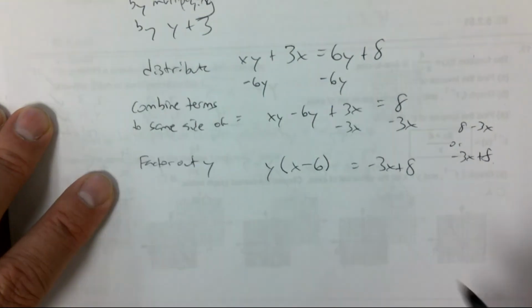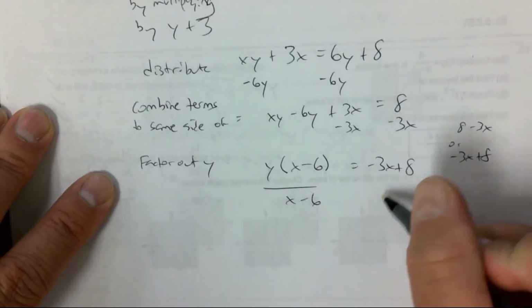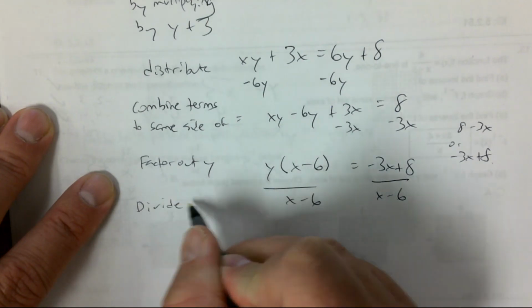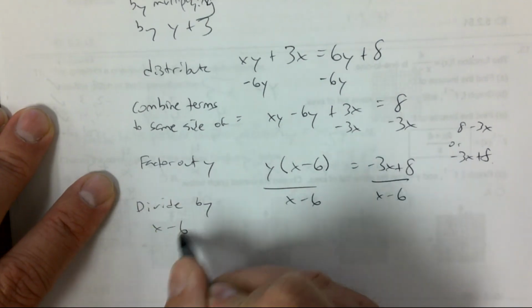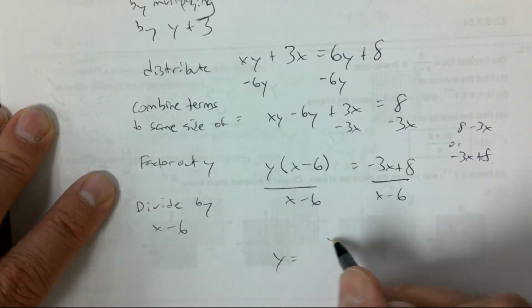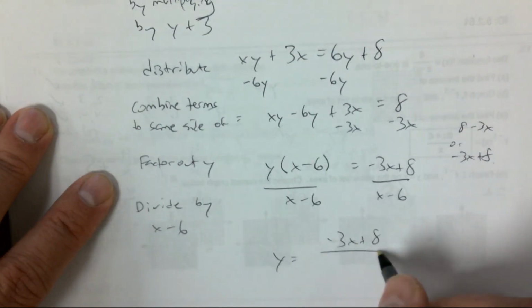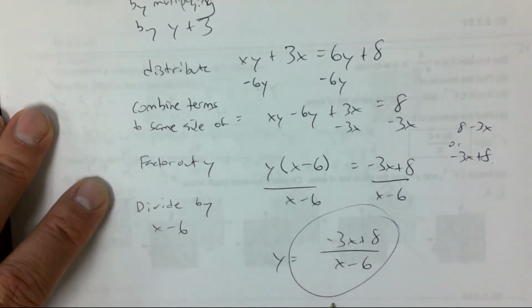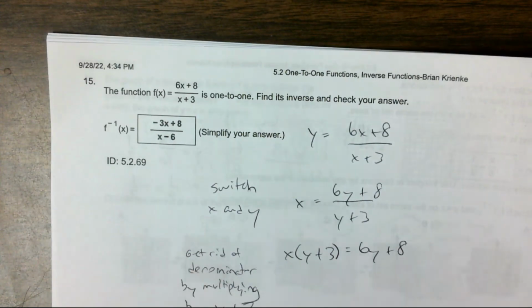And then we divide by x minus 6. So then your answer is negative 3x plus 8 over x minus 6. And that is the same as that. Negative 3x plus 8 over x minus 6.